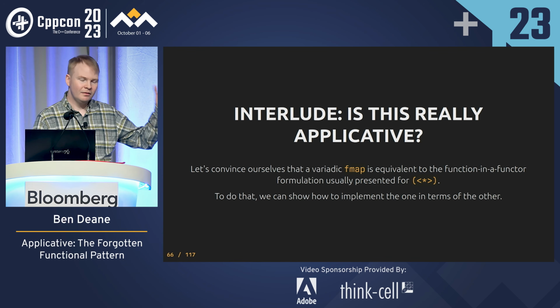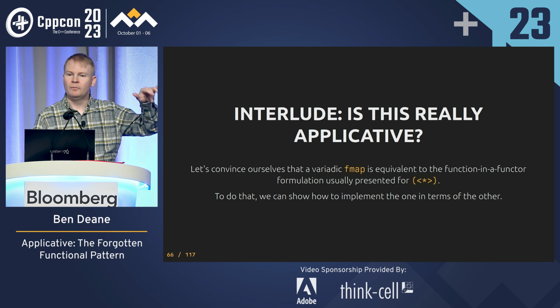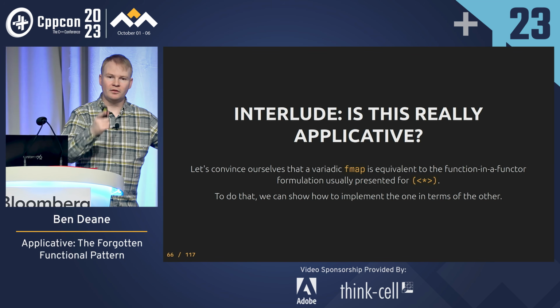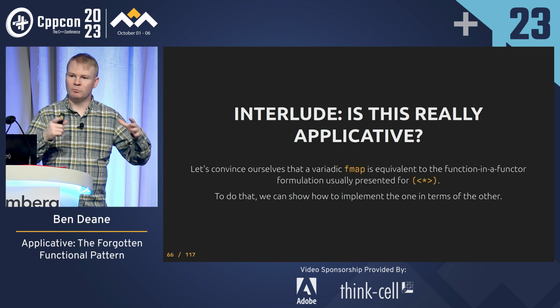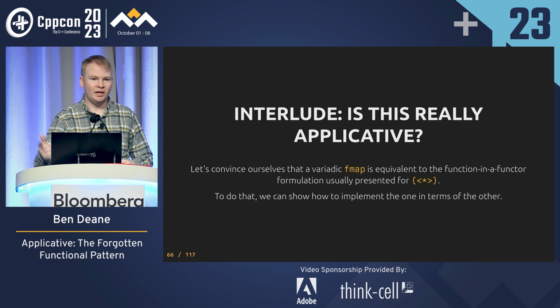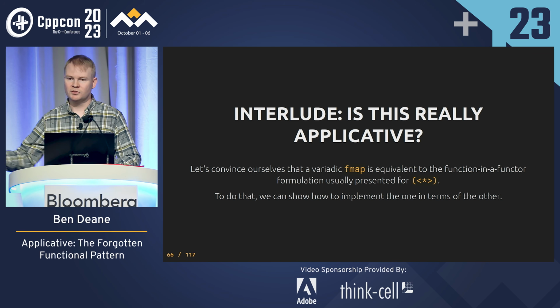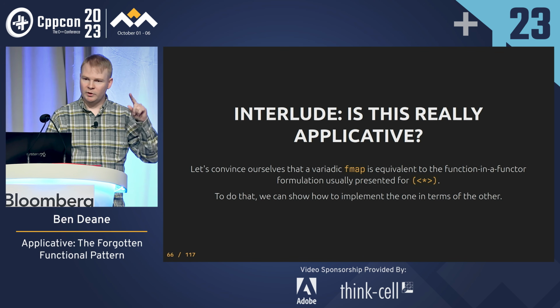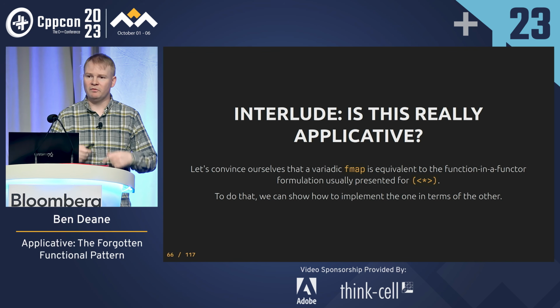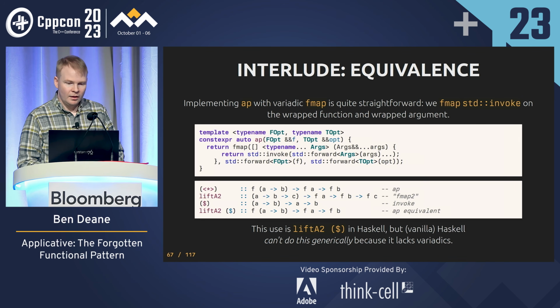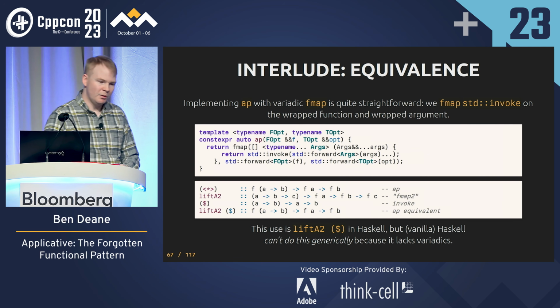Now we know from Haskell how the function inside the functor interpretation implements variadic fmap with the partial application. So we know that that can implement our formulation, but we need to show vice versa for my claim to hold true, right?